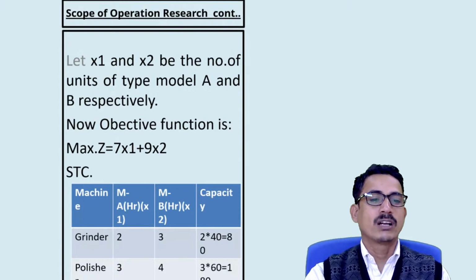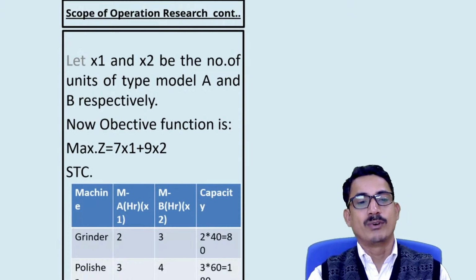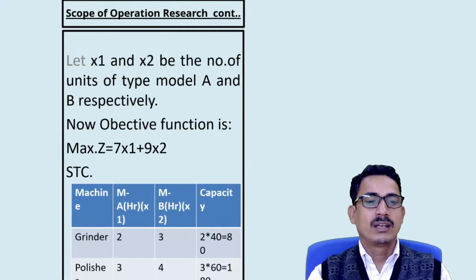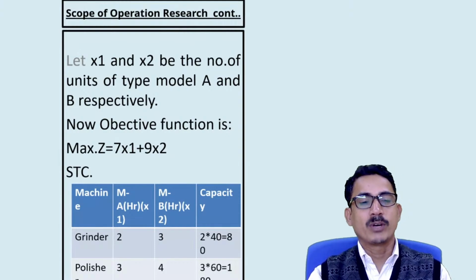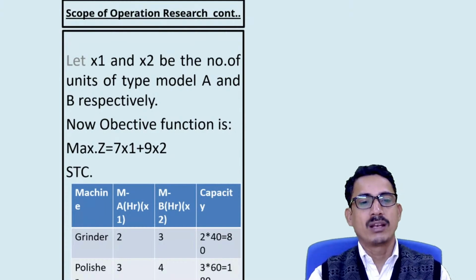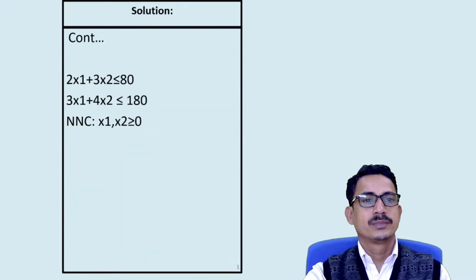Now this has to be converted into inequation form. How? Now 2x1, why 2x1? The grinder, when you are using it for model A, takes 2 hours. That is 2 into x1 plus 3 into x2 should be less than or equal to 80. The second one is 3x1 plus 4x2 less than or equal to 180.